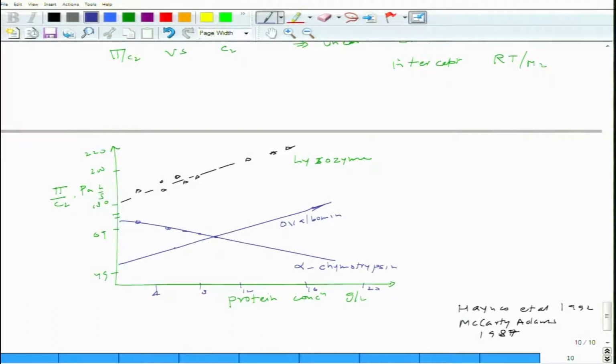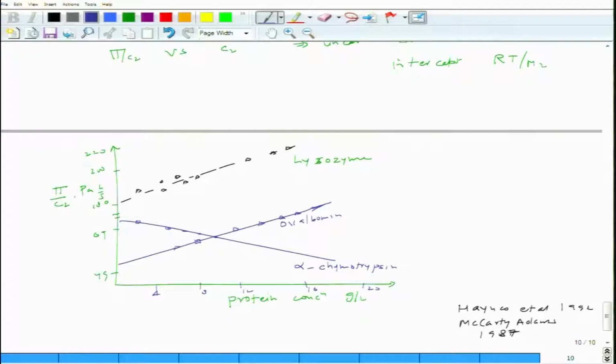Again, these symbols are experimental data and the lines are fits to the experimental data. Because you know the C2 and you know the pi, you can plot this expression, and that is what has been done by these people.